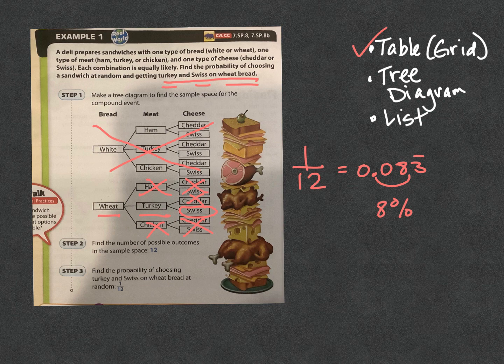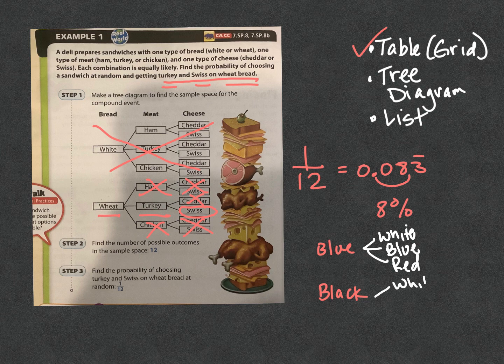If you had outfits that you wore, maybe you had 2 pairs of pants, one blue and one black, you would put blue pair and black pair. And you had 3 shirts, maybe one is white, one is blue, and one is red. You could wear those with your blue pants, or you could wear those same ones with your black pants.